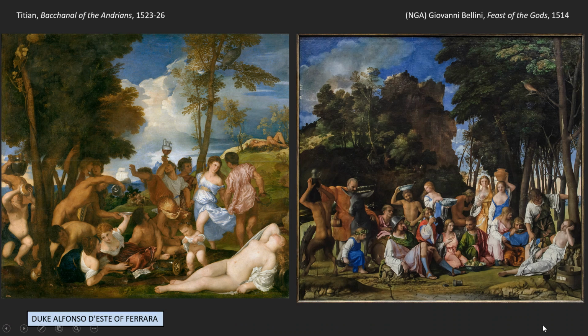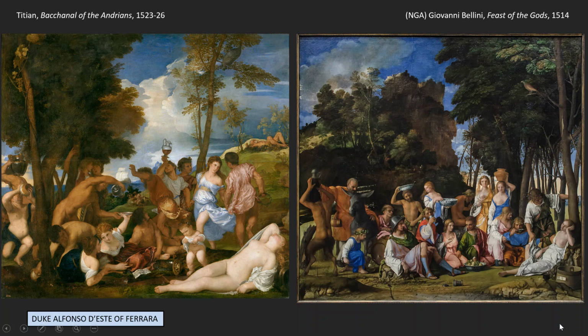And we know in fact that it was commissioned by the Duke of Ferrara. Ferrara is just sort of to the southwest of Venice. And Duke Alfonso d'Este was the one who commissioned Bellini's Feast of the Gods. It was part of a cycle of 4 pictures he had planned beginning around 1510. And Bellini's picture was the only one that was ever completed.